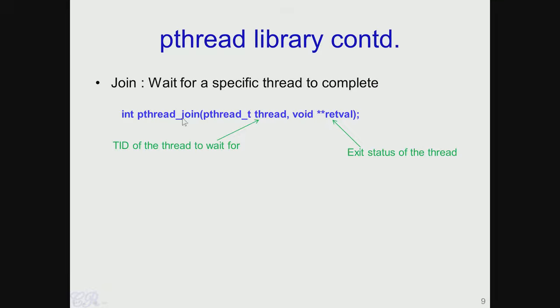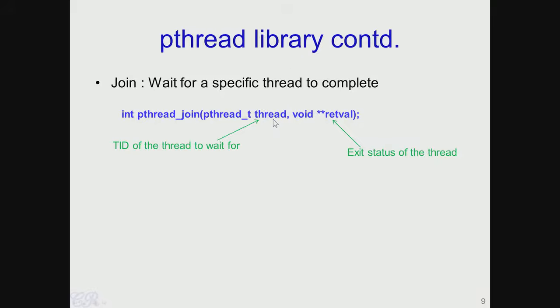So, pthread_join will block the calling thread until the thread specified by this TID exits, and when that thread exits, then pthread_join will wake up and it will be able to read the exit status of the exited thread specified by the TID.